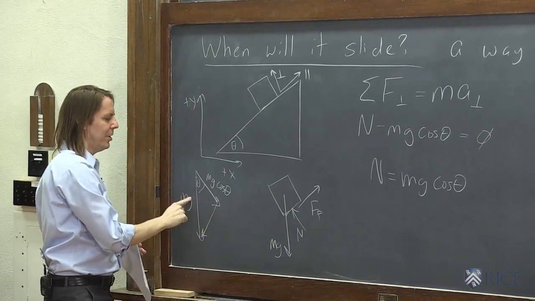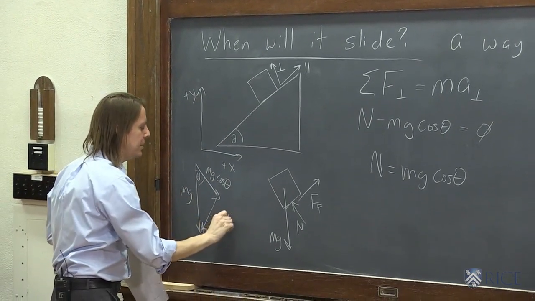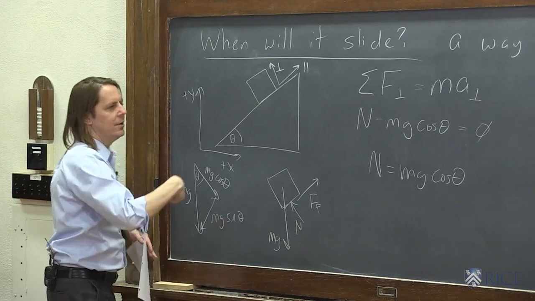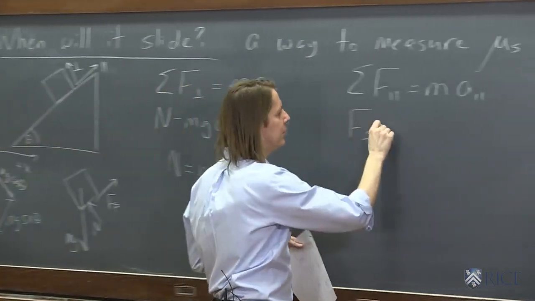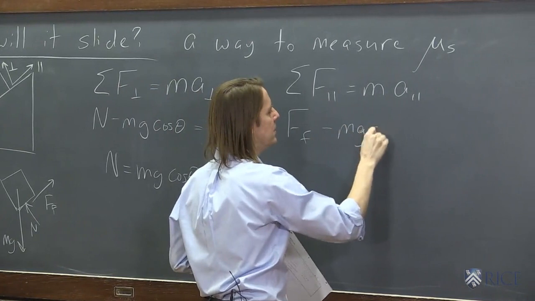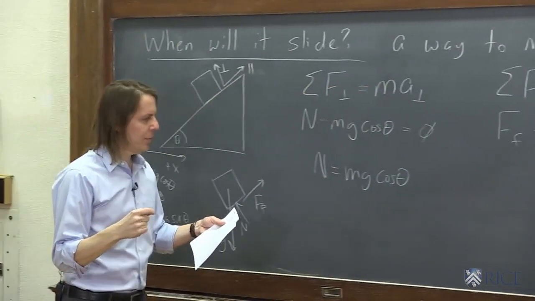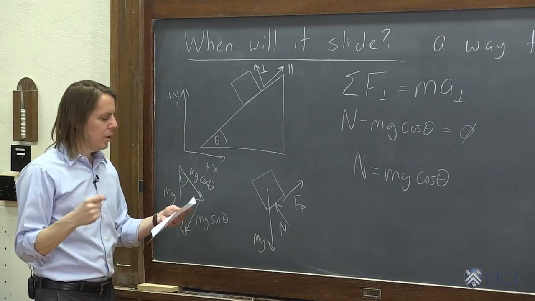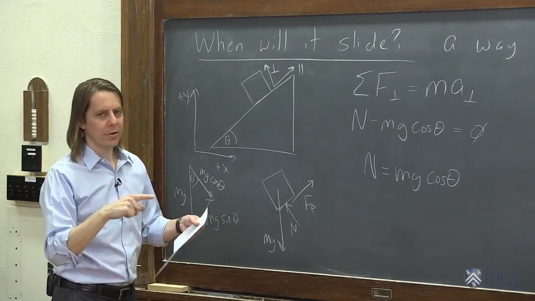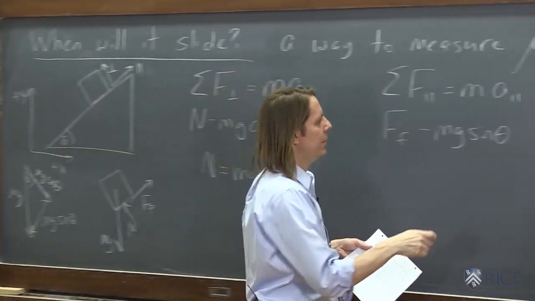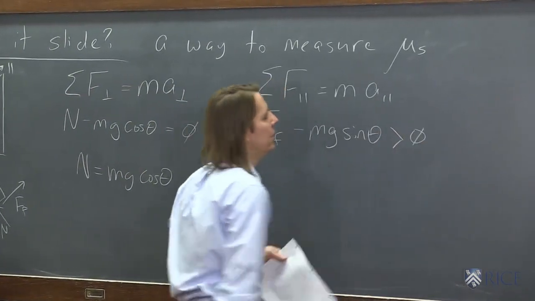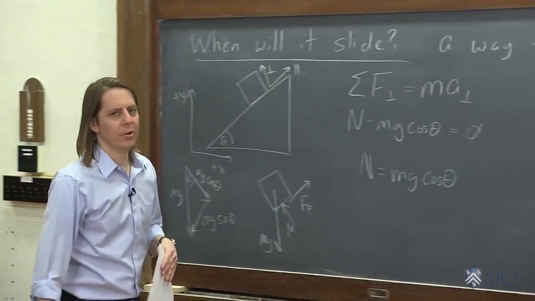Sine is opposite over hypotenuse, so mg sine theta, down the incline, negative: minus mg sine theta. So that's the forces that way. And we're asking, when does this become greater than 0? What's it going to take for that to become greater than 0? That's when we have a problem.